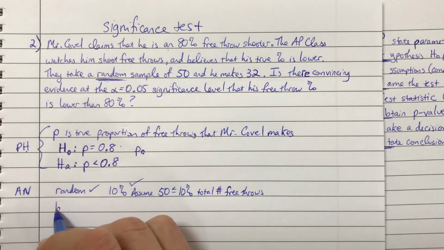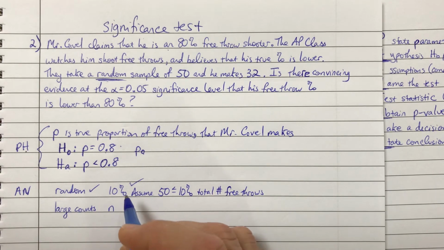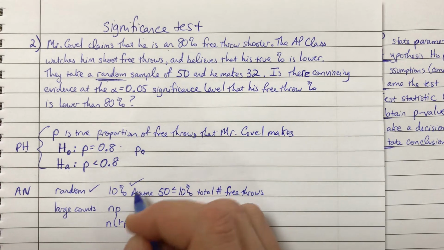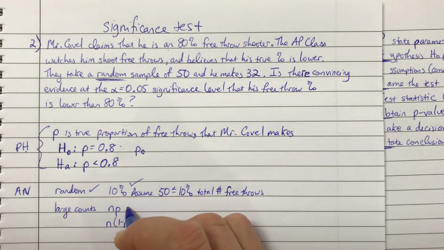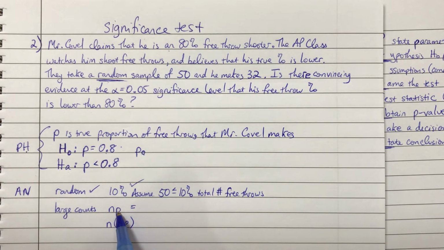Now the last one is the large counts. Large counts: n times p, and then n times 1 minus p, must be greater than or equal to 10. That's what we're going to test. Now in this case, this is important here. These are the true proportion.